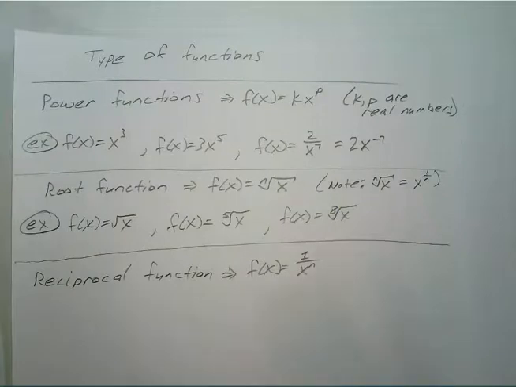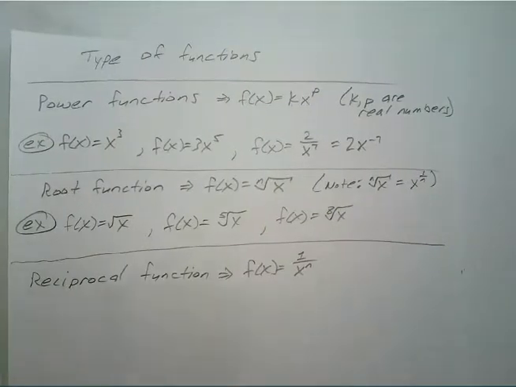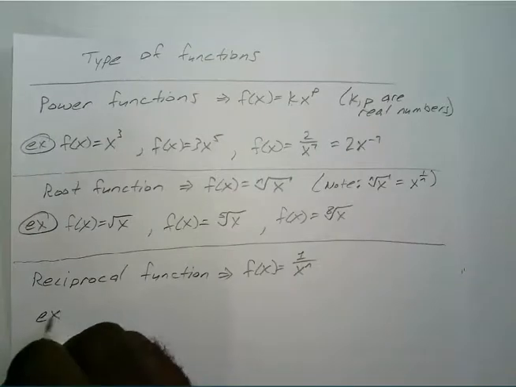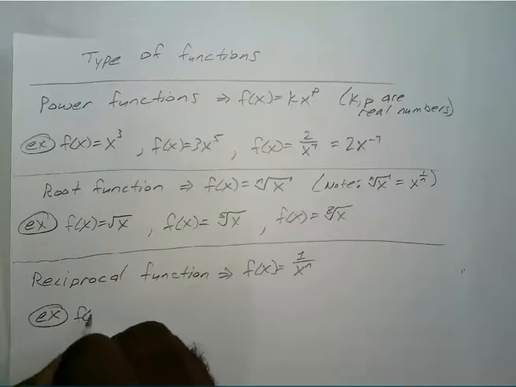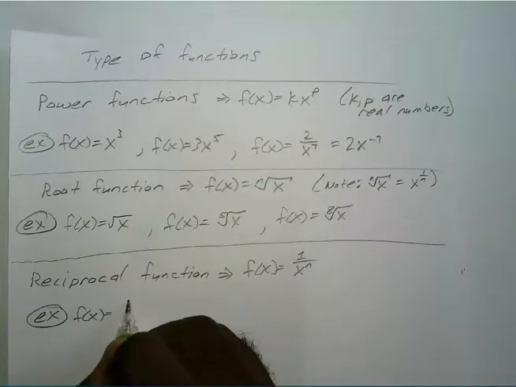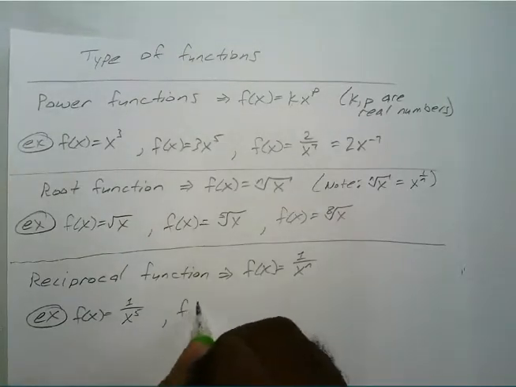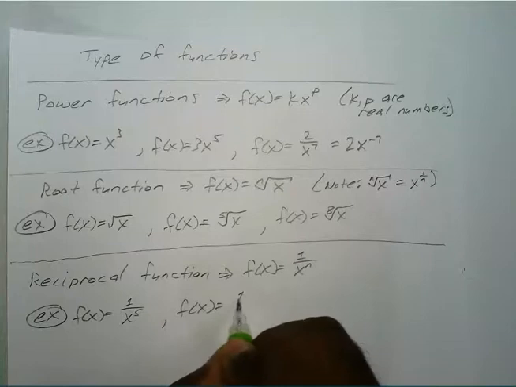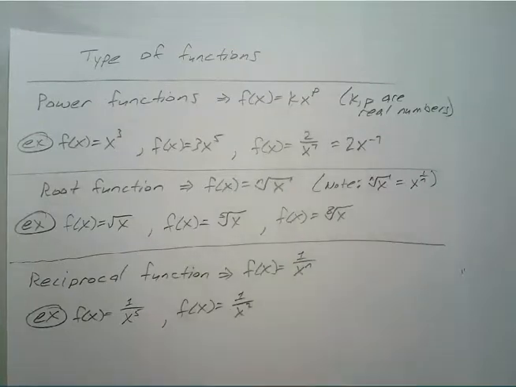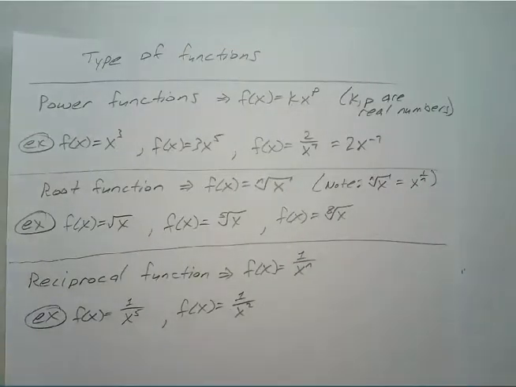So the functions can belong to more than one group. Okay, so for example, if you have f of x equals 1 over x to the 5th power, or f of x equals 1 over x squared.